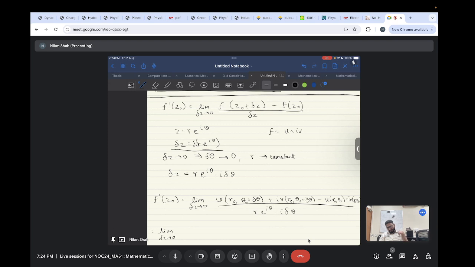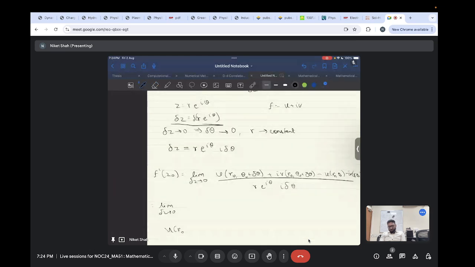So what I end up getting is u of r0 comma theta 0 plus del theta is equal to u of r0 plus del u by del theta, because that's the second variable, into delta theta.